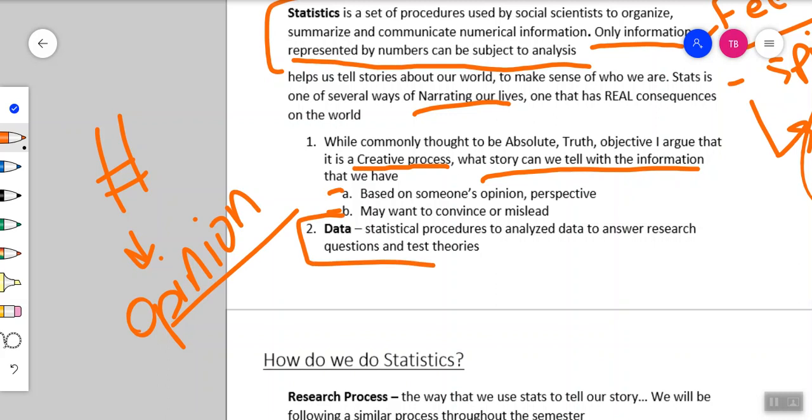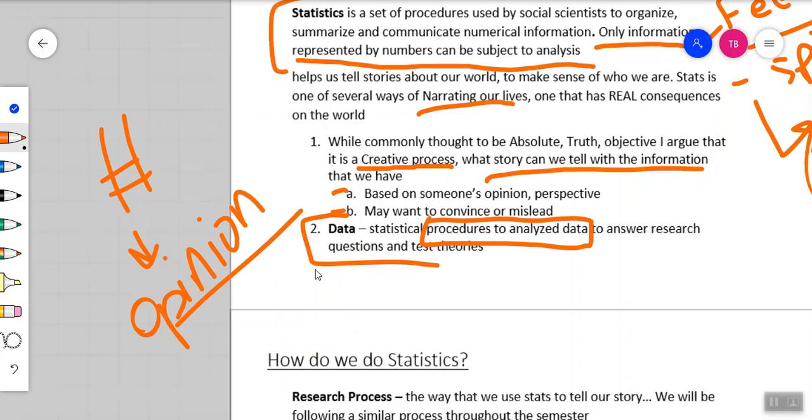One little data point here: I try to bold the definitions. Within this, data, we talk about that a lot. It's basically procedures to analyze data, to answer research questions and test theories. Data is something that we collect and use to tell our story.